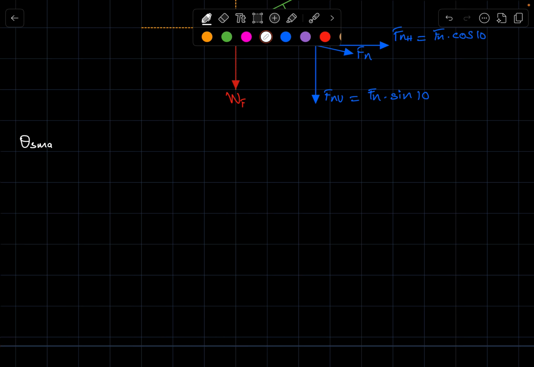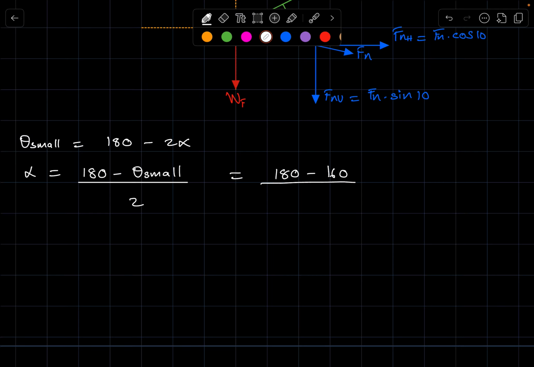Right. Remember that this is equal to 180 minus 2 alpha, and then making alpha the subject of the formula from this expression, we get 180 minus the angle of contact, divided by 2. So this is equal to 180 minus 160 divided by 2, which is 10 degrees. So alpha here is 10 degrees.